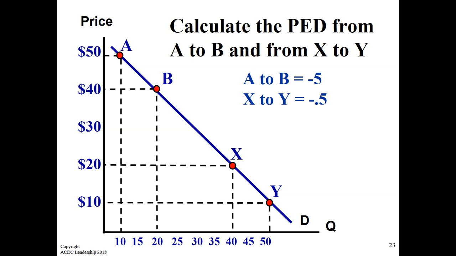How did you get the numerator again? All right. So I went for quantity first because that's on top, right? I took the new minus the old, 20 minus 10 over 10. So 20 minus 10 is 10 over 10 is 1 or 100%.